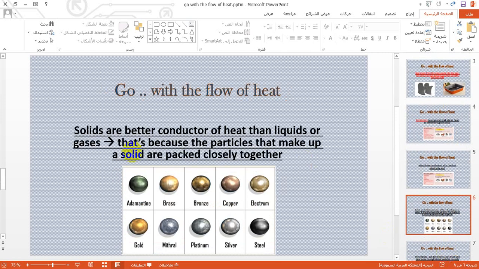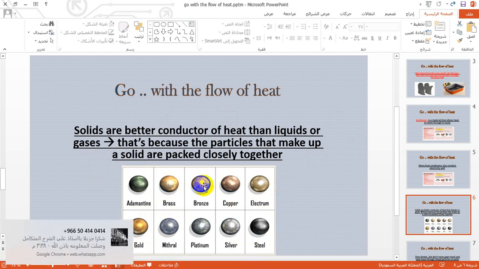So solids are better conductors of heat than liquids or gases. We know that solids are much better at conducting heat from one object to another, because the solids are made of materials like brass, gold, silver, steel or copper.